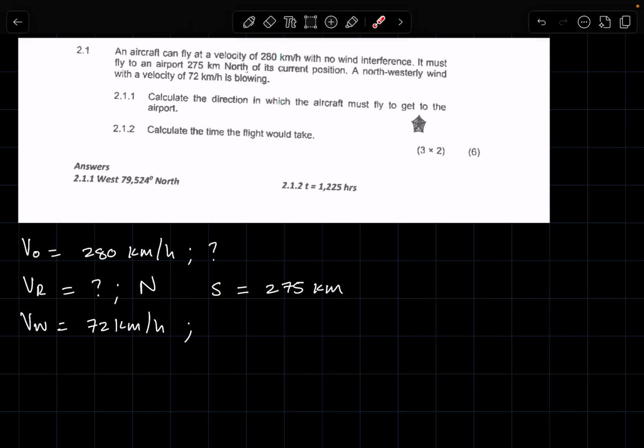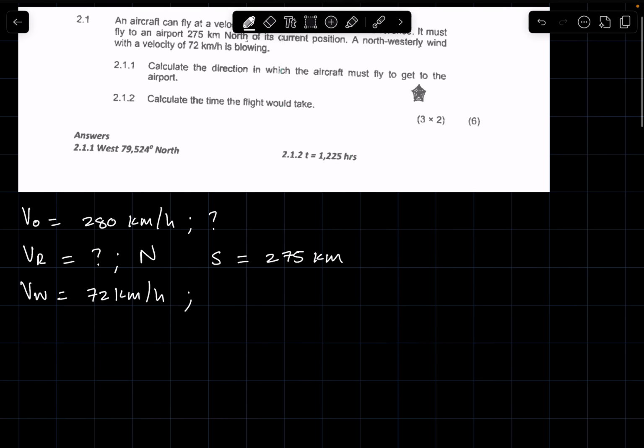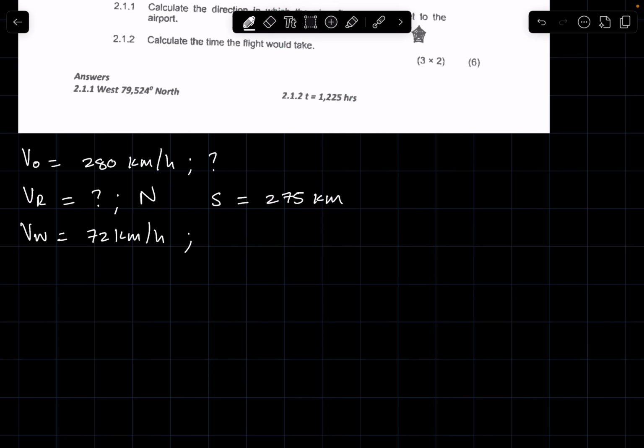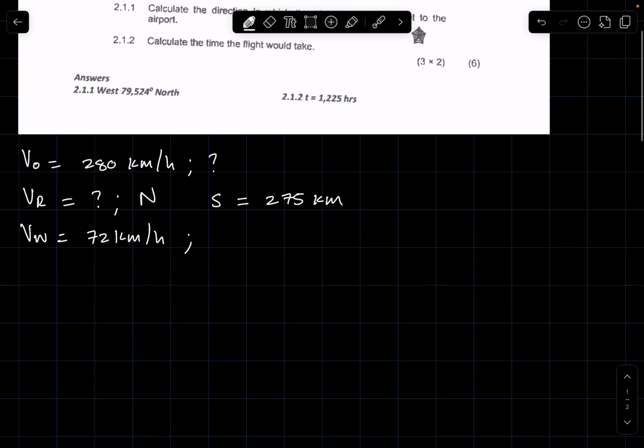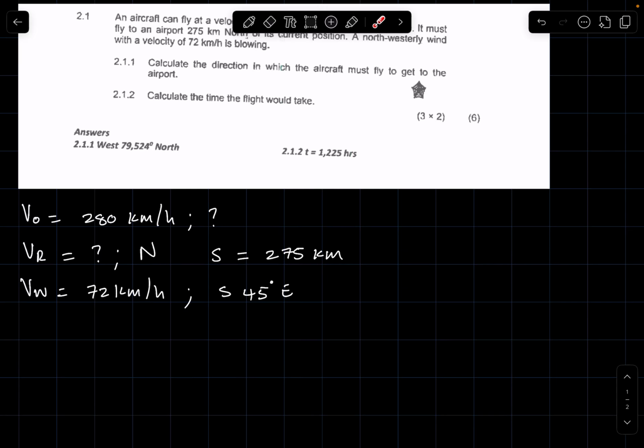So if the wind vector is coming from the northwest, it means that it is headed in a direction opposite the given direction. Opposite of northwest is southeast, so essentially this is south 45 degrees east. Right, so that's the given information.